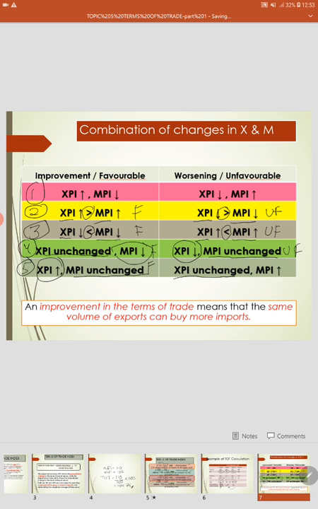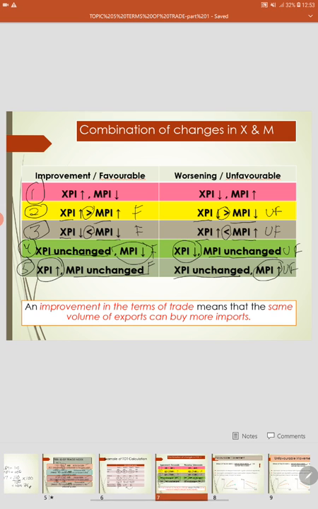Or XPI unchanged and MPI is rising, then it's unfavorable. But remember, it's all about export price index and import price index. You're comparing: if export price rises more than import price, then it will be favorable. If import price is rising greater than export price, then it will be unfavorable.